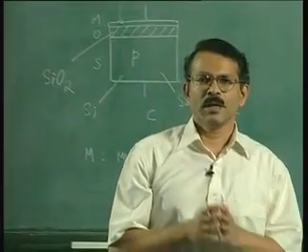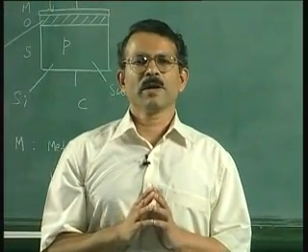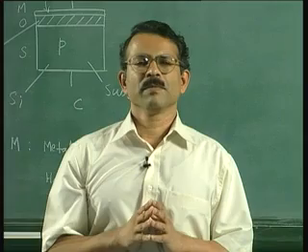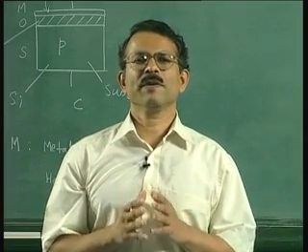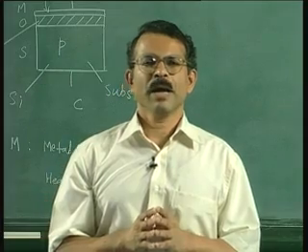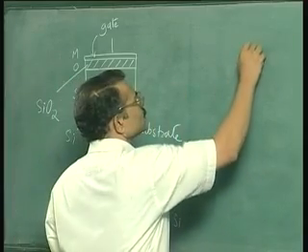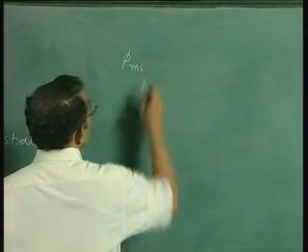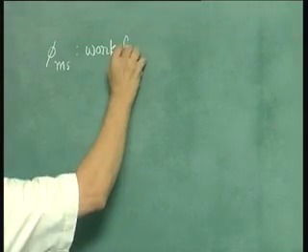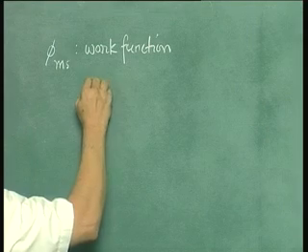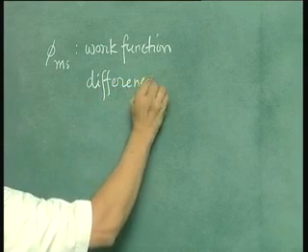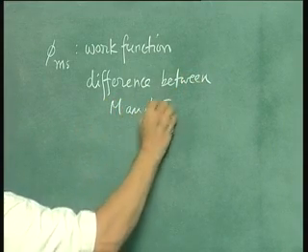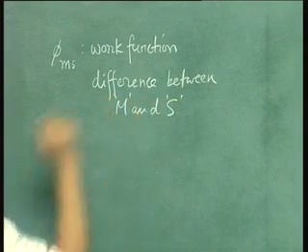In the case of the gate being a metal, the contact potential between the metal and the substrate is also represented using the work function difference, and denoted normally as phi ms. That is work function difference between metal and semiconductor. So M stands for metal and S stands for semiconductor.